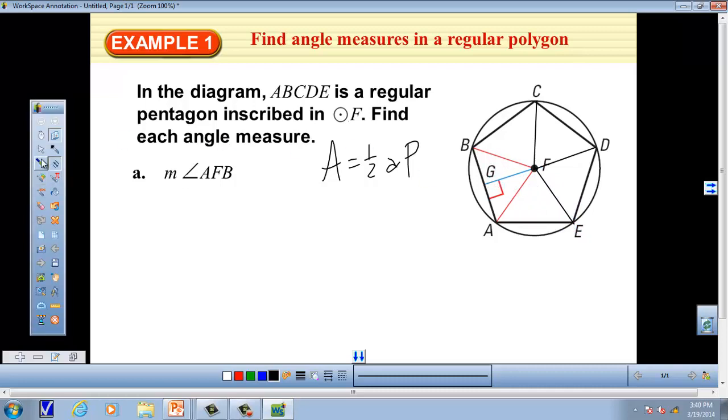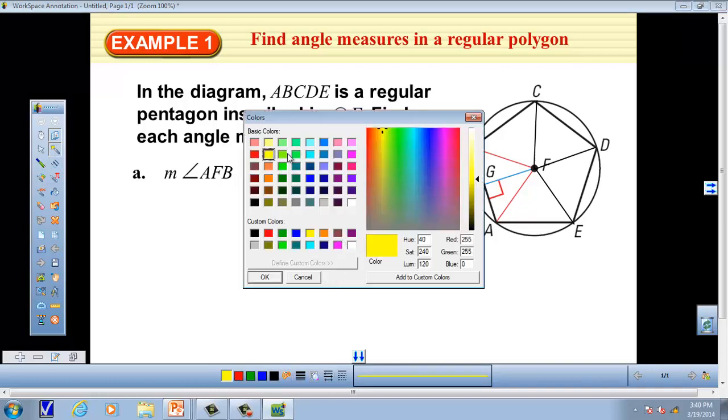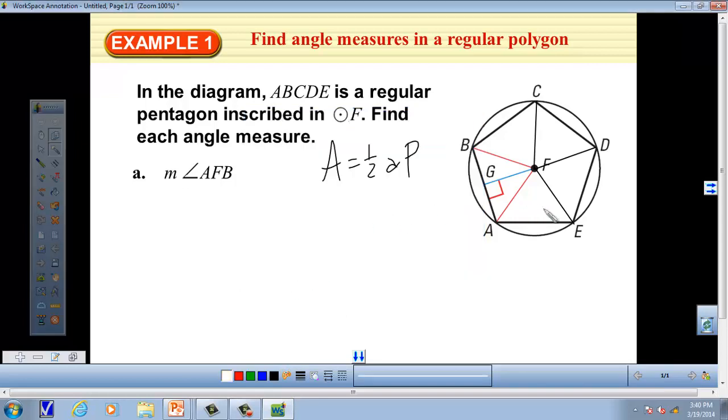If you ignore line GF, which is the apothem, if you ignore this line right here, we've broken up this circle right here into 1, 2, 3, 4, 5 triangles.